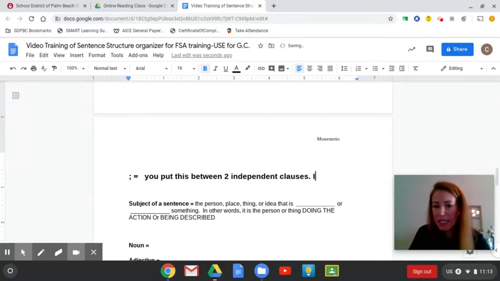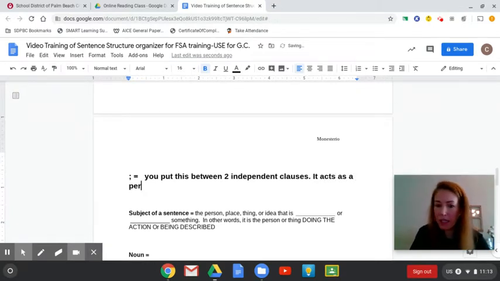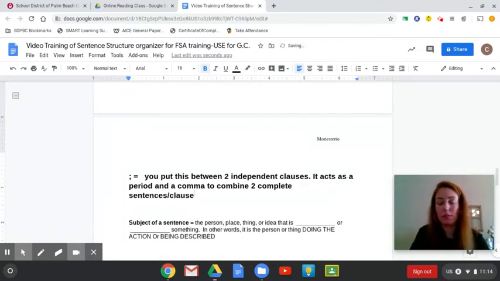Let's put: it acts as a period and a comma to combine two complete sentences. Let's put slash clauses because that's what we're talking about. Two independent or two complete sentences, slash clauses.